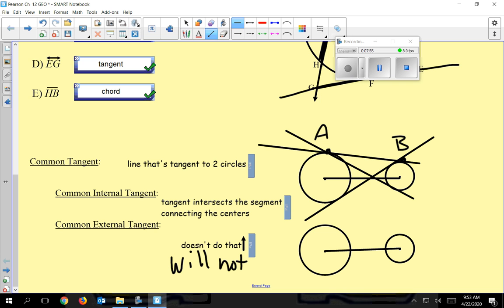We have a common tangent line, it's intersecting the two circles at one point, but it does not intersect this line. So you got to keep those two straight. Not too difficult, I hope, and it's just a definition that shows up on your test. All right, let's move on.